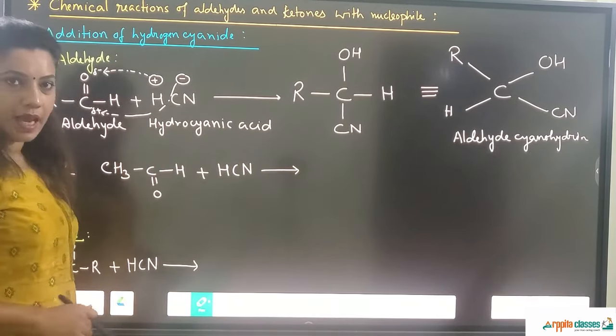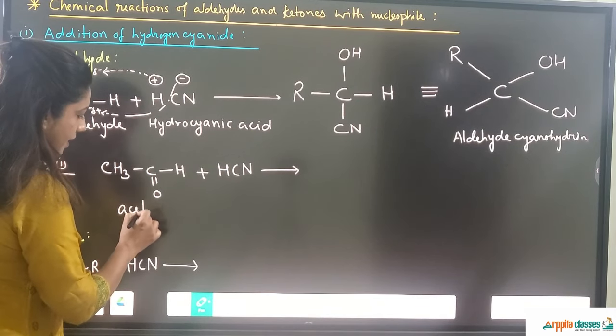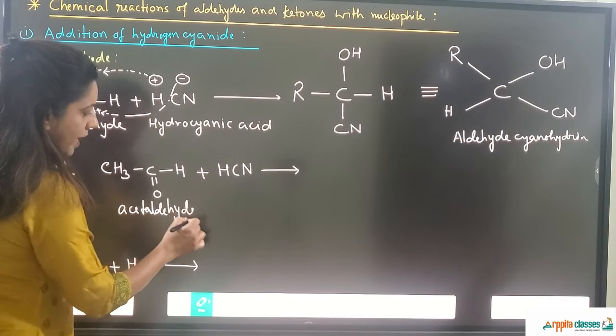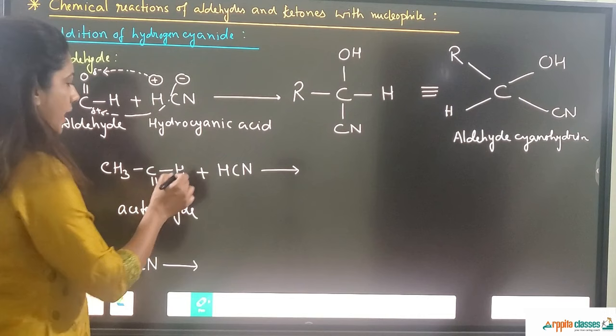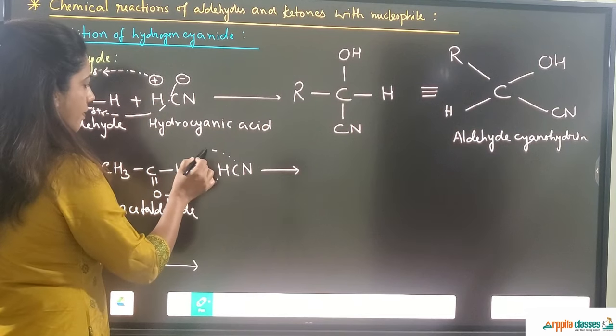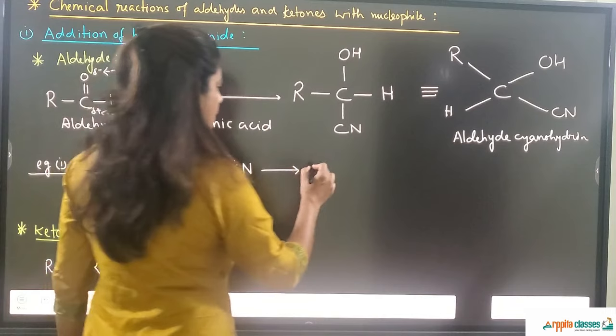Let's take a particular example here. This is CH3CHO, which is acetaldehyde, and we are adding HCN to this. Again the hydrogen will get added to the oxygen and CN will get added to the carbon. You don't have to show this, I am just showing you for the time being.